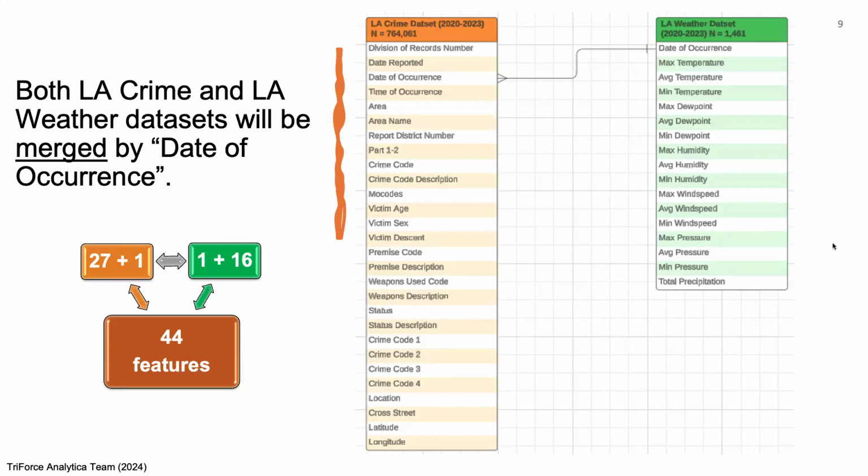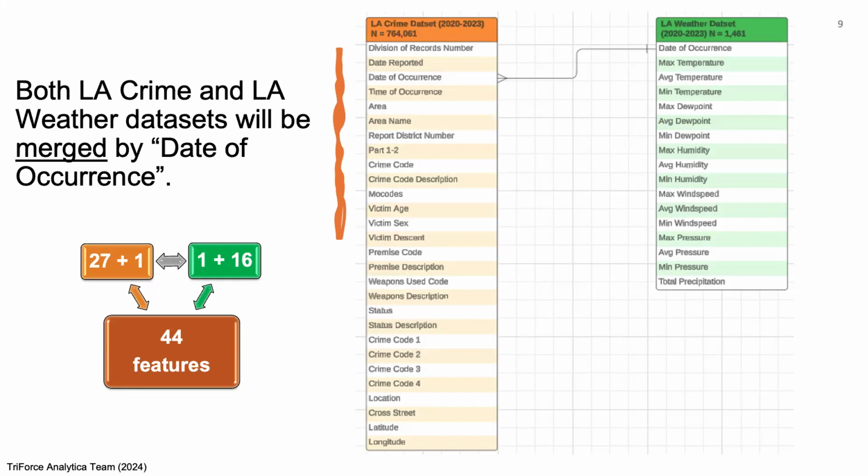Okay, so I would answer this question. We're using the hourly weather data set, and the data set actually accounts for the whole of LA. It's not just a specific location within LA.